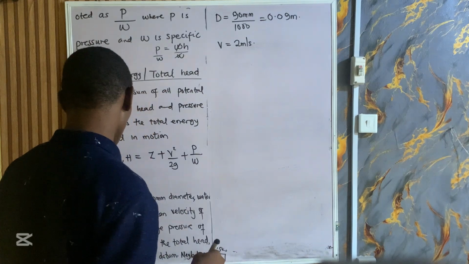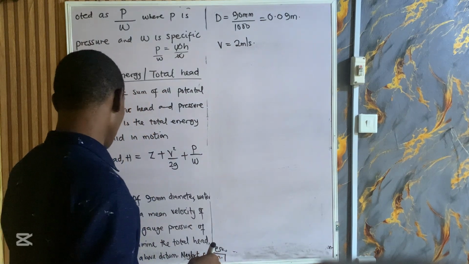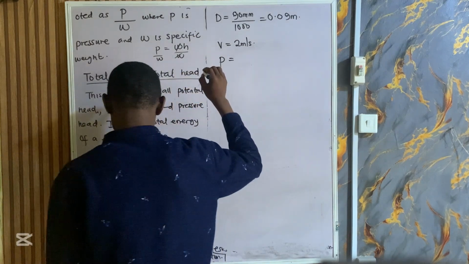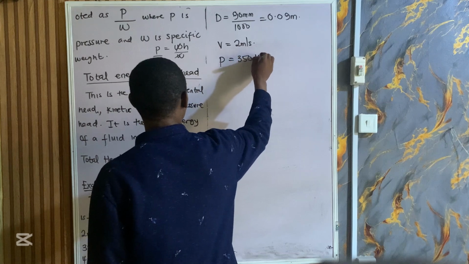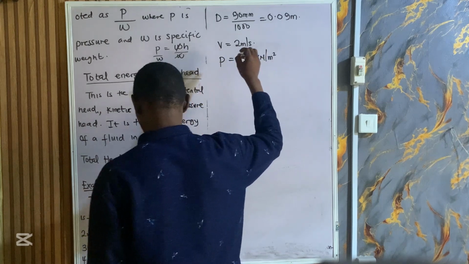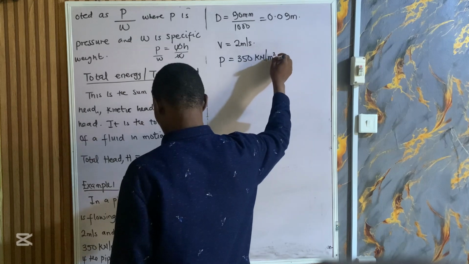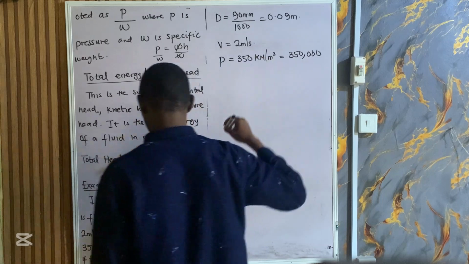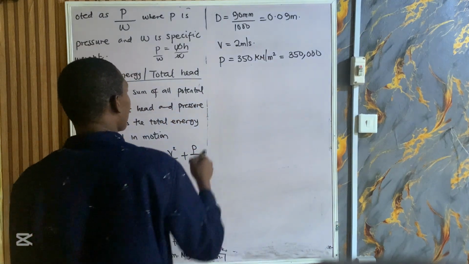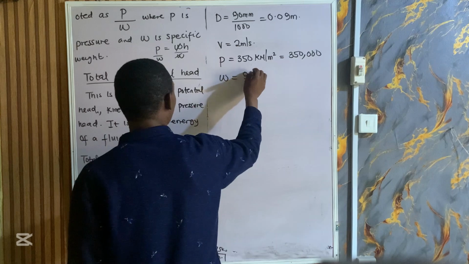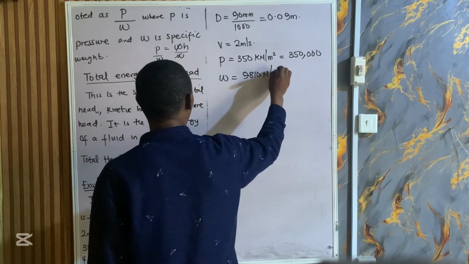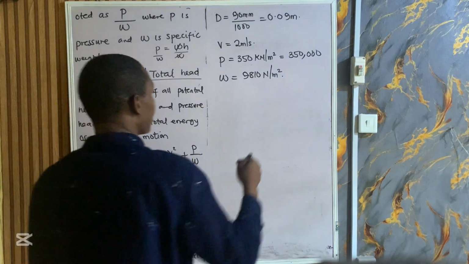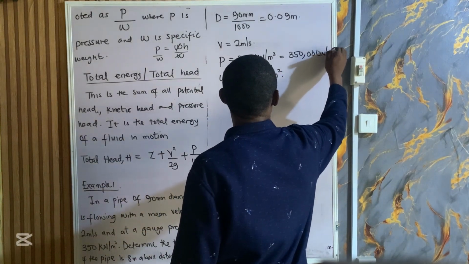And also, we are given the pressure, the gauge pressure, to be 350 kilonewton per meter square, which should be 350,000. Well, since the fluid is water, the specific weight of water is a constant, 9,810 Newton per meter cubed. And this is in Newton now.